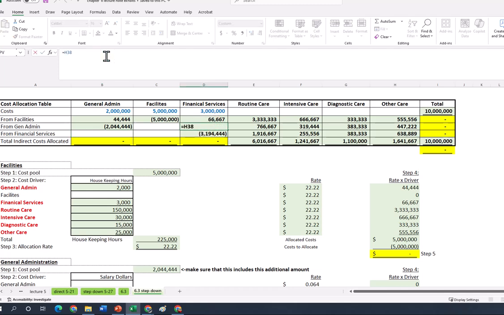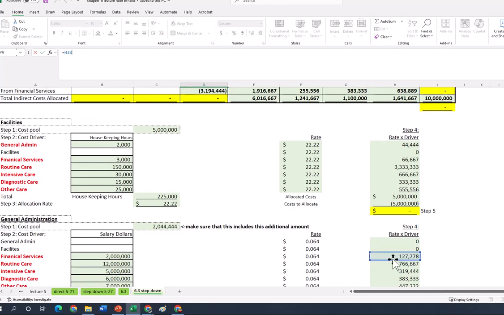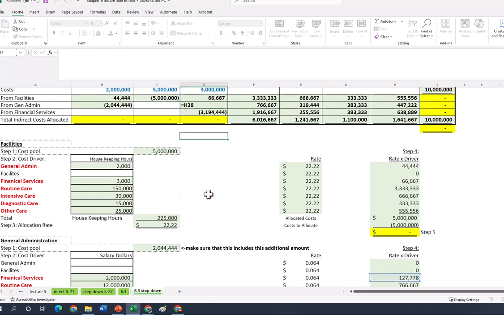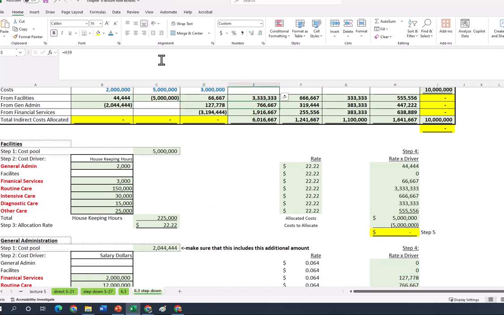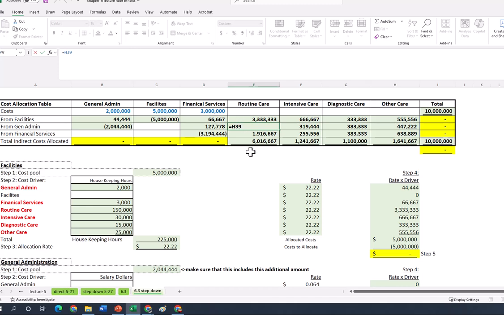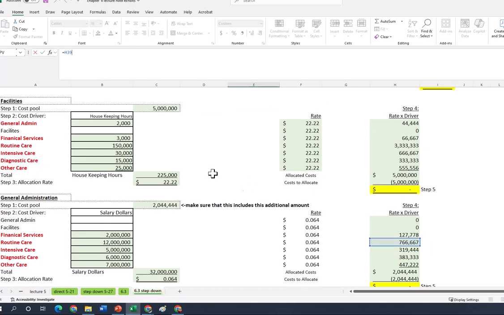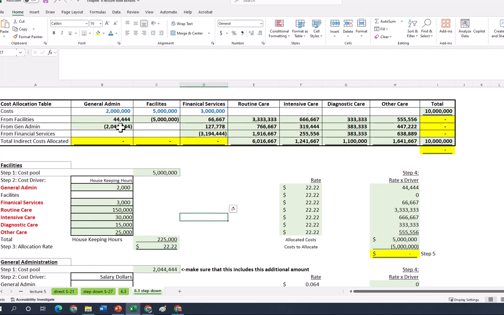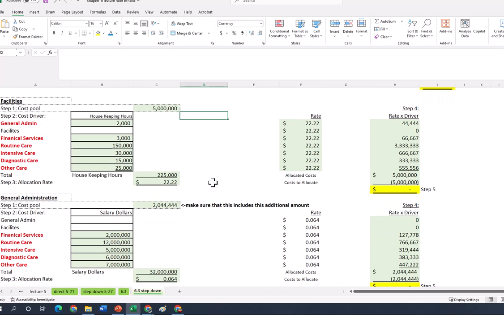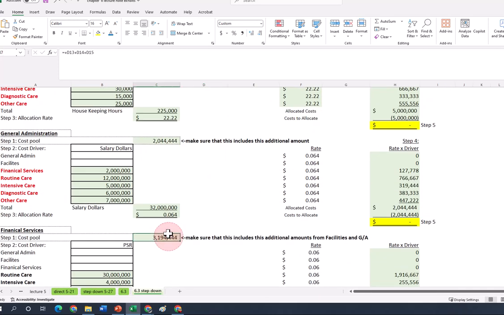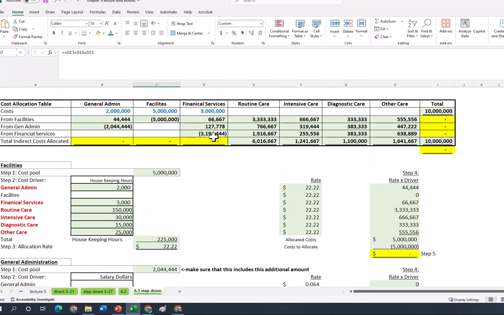Financial services picked up 127,000 and change. Again, routine care picked up the 766, etc. And then we've totaled it across. We get zero, and we've accounted for it. Financial services, now we've got, if we did it right, financial services started with 3 million.